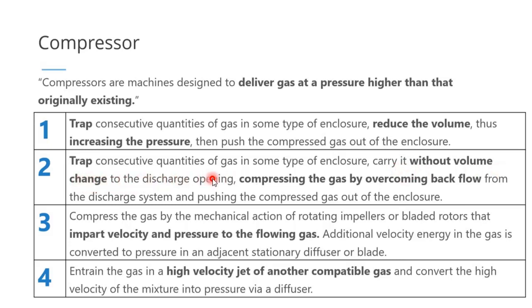And then, after carrying it without volume change, they compress it by overcoming backflow from the discharge system. So, pushing the compressed gas out of the enclosure. So, itong mga type ng compressor na 'to, ito yung mga lobe type or rotary. So, mamaya pag-uusapan natin yun.